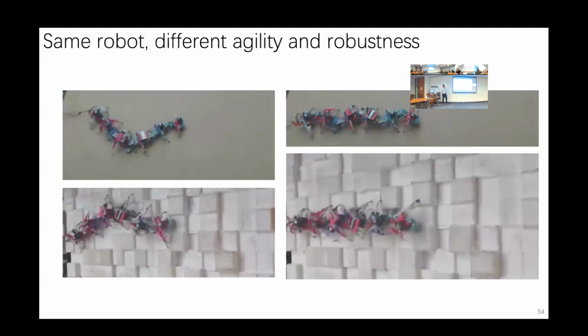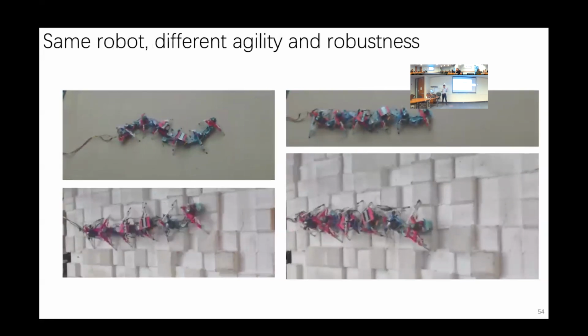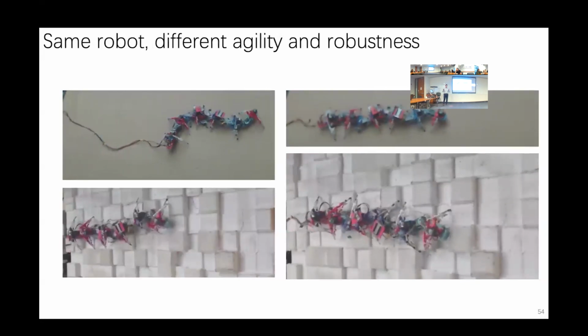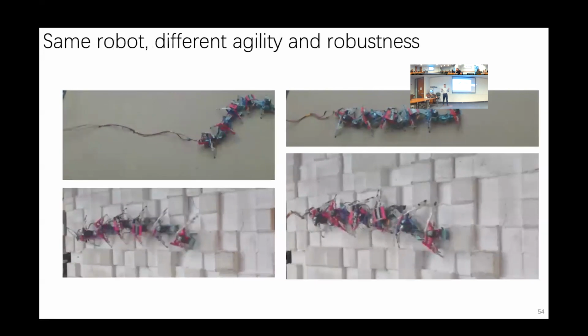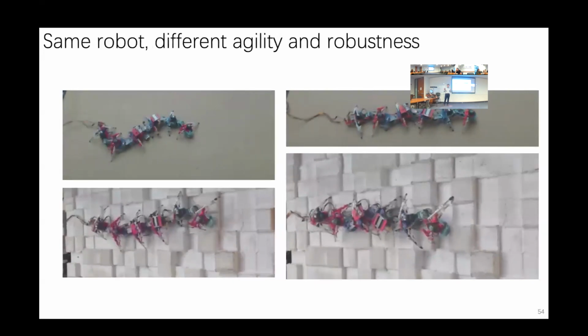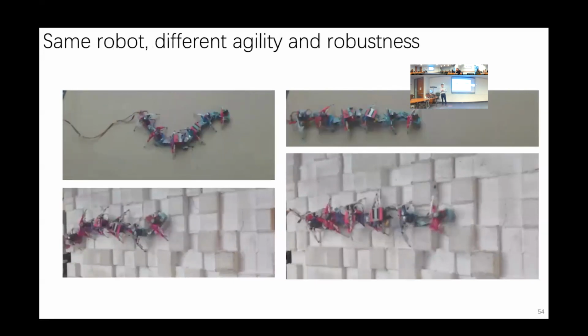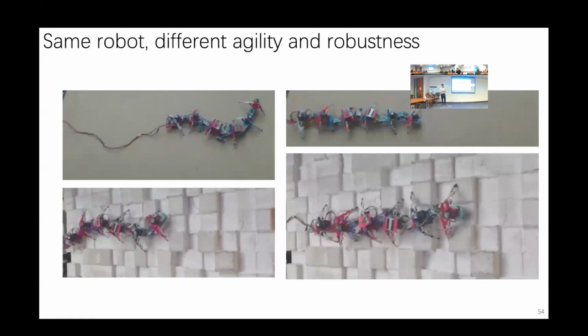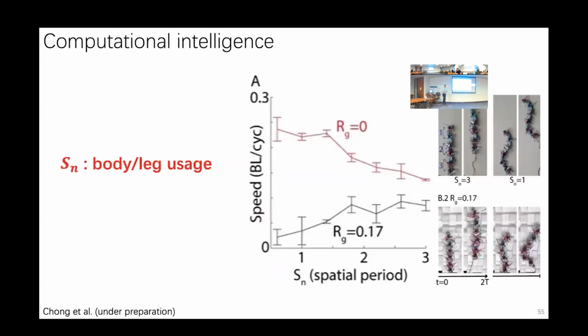So for the same robot, we can have this trade-off between the agility and the robustness, depending on our control, even the open-loop control. And there exists a spectrum between the agility and robustness. Let's take a look at our experimental results. The y-axis is the speed, the x-axis is the spatial period to characterize the relative body usage.